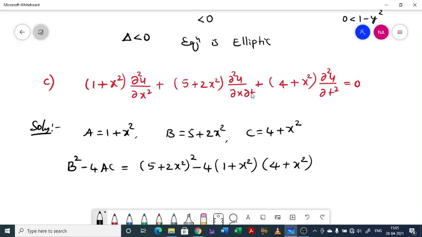We have to multiply the terms. If all these terms are multiplied and simplified, finally we get B² minus 4AC to be 9, that is greater than 0. Thus the given equation is hyperbolic.